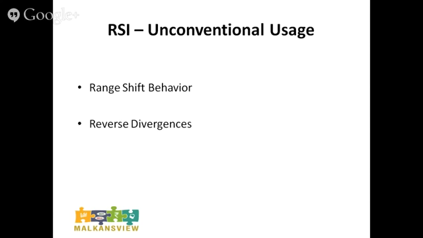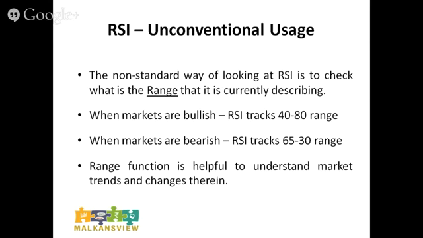So let's look at range. The normal conventional usage of RSI is that people use 70-30 as overbought oversold, or 80-20 as overbought oversold, which was originally founded by Wells Wilder. But what Mr. Andrew Cardwell suggests is that markets behave differently and they follow different ranges.